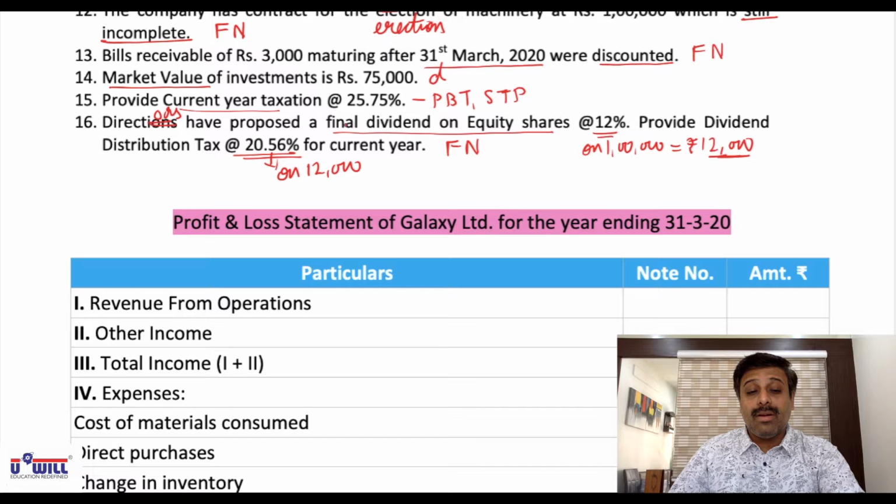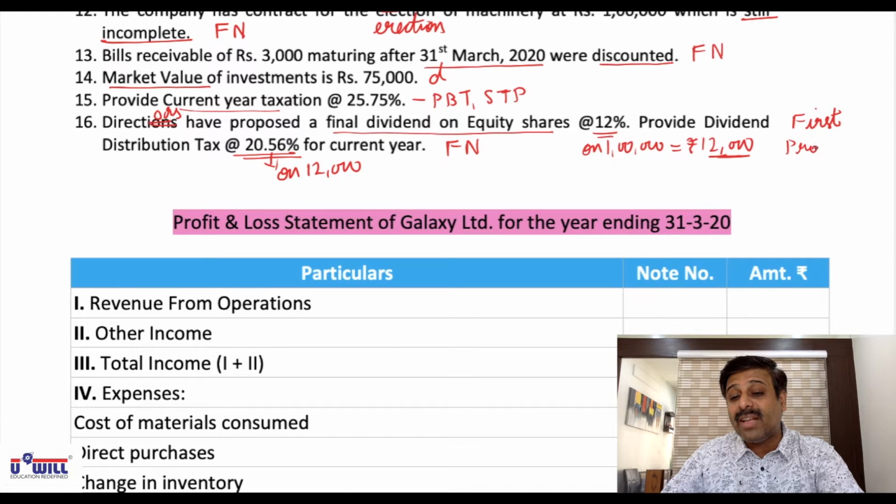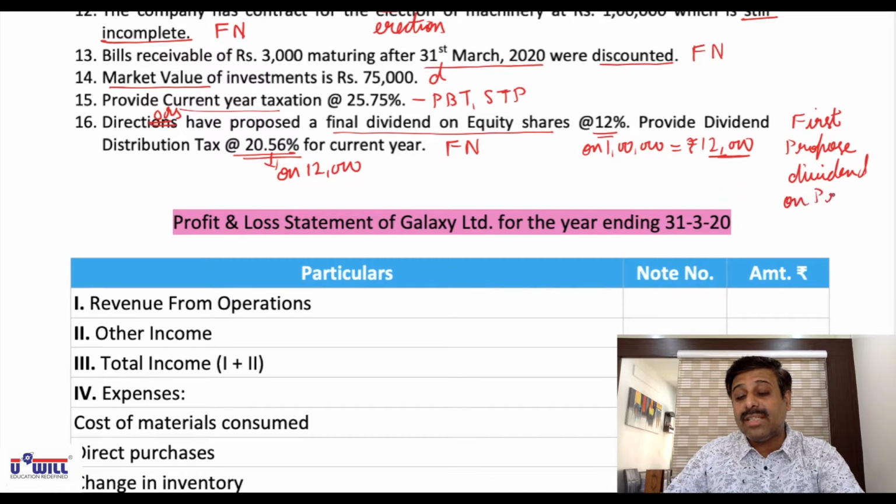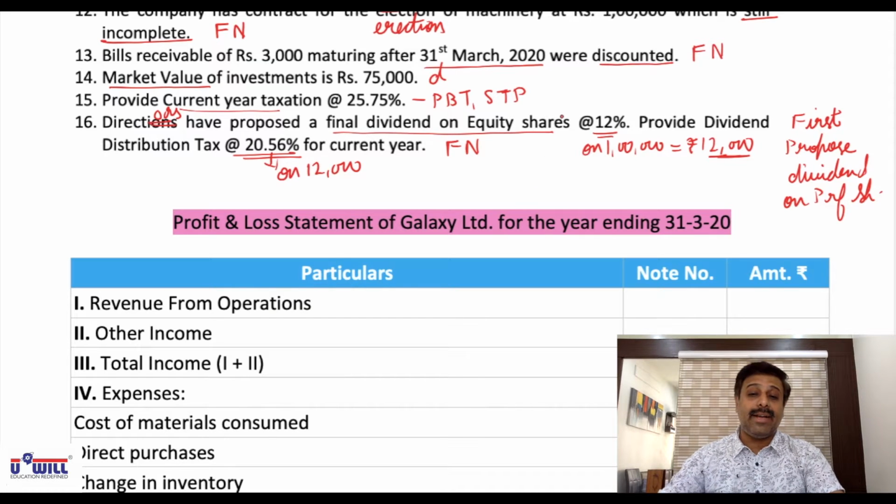So if equity dividends adjustment is given, then there is a hidden adjustment that first you have to propose for preference shares. First you have to propose dividend on preference shares, then only can you propose dividend on equity shares, because by the nature of meaning of preference shares, as per the company law, they have priority in getting the dividend over equity shareholders.